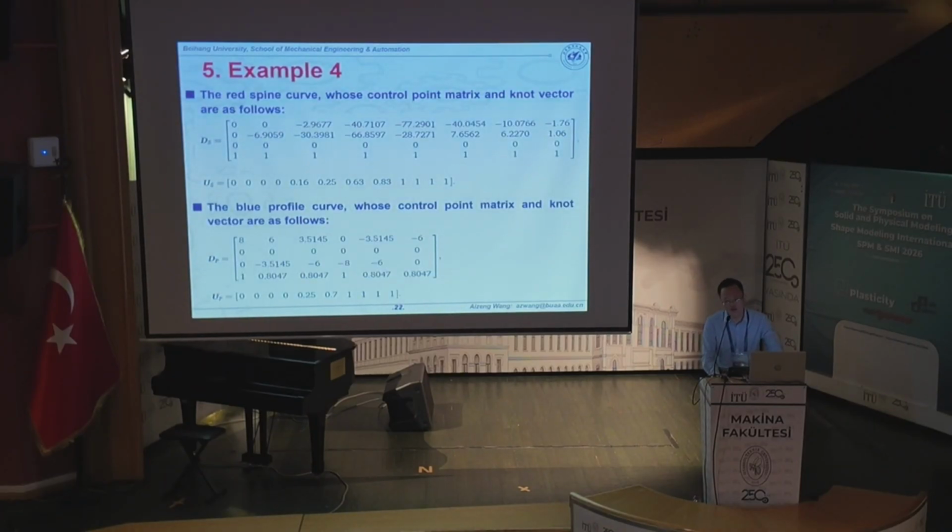As shown on the previous slide, the red spline curve is a cubic B-spline whose control point matrix and node vector are DS and US. The blue profile curve is a cubic NURBS curve whose control point matrix and node vector are DP and UP.